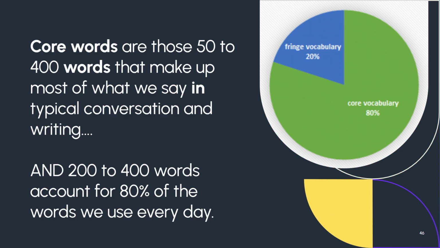These 50 to 400 words account for 80% of the words that you use every single day. So when we're planning for an augmentative or alternative communication system and we're trying to program in some of the words, we really want to make sure that there's a lot of core vocabulary present, because these are the words that we're going to get the most bang for our buck with.